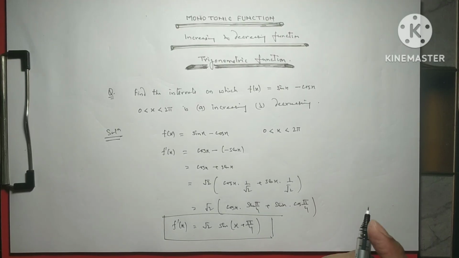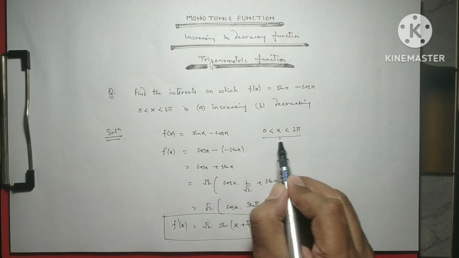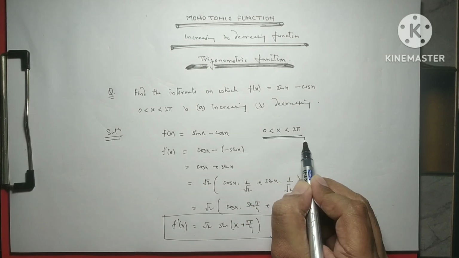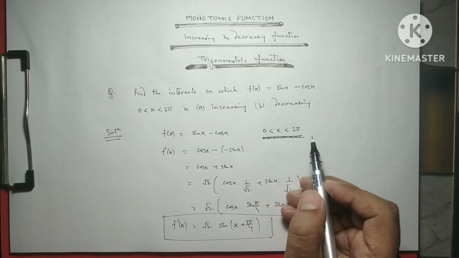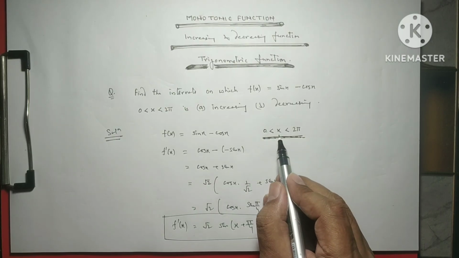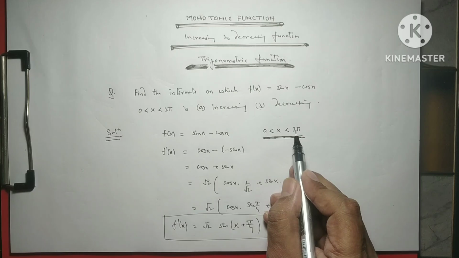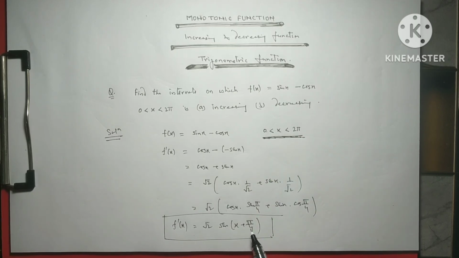But remember, the range of x varies from 0 to 2 pi, while right now we have the angle x plus pi by 4. The variation of 0 to 2 pi is for x, not for x plus pi by 4.